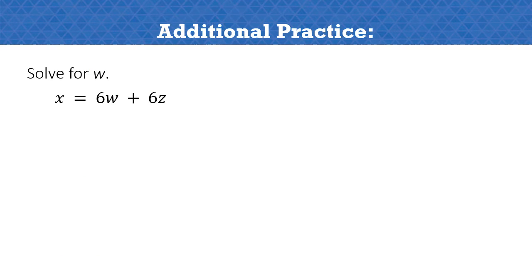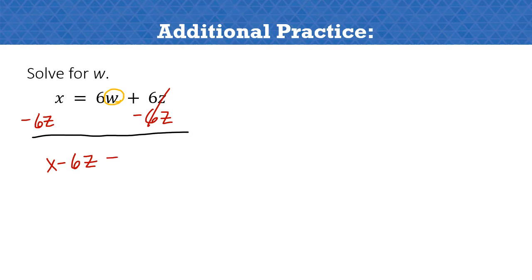So let's look at another one like quiz question number 3. We want to solve for w. Our ultimate goal is to get the w by itself. Looking at this, we have 6 times w plus 6z. So undo addition and subtraction, subtracting 6z from both sides of the equal sign. So we have x minus 6z is equal to 6w.